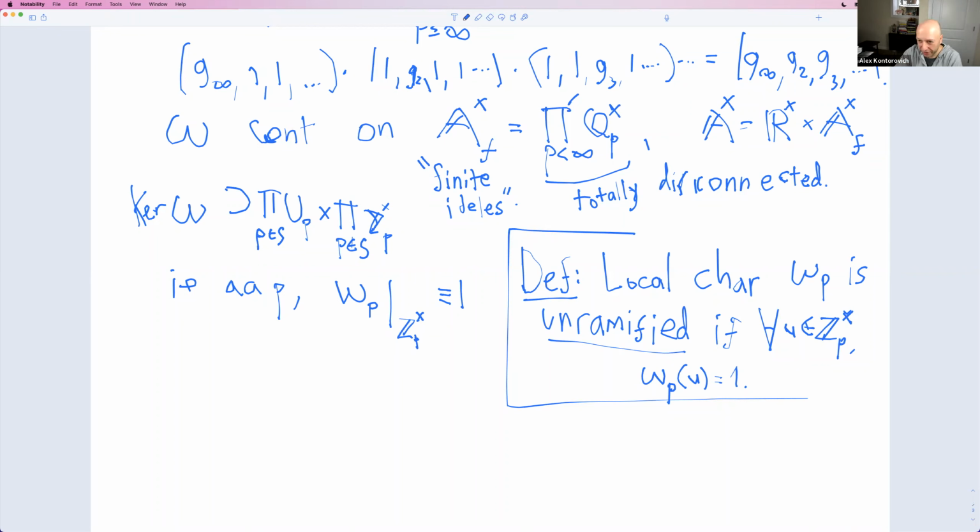So let's just look at this for a second. We have a local character. It's unramified. What does that mean? Some of these characters will be ramified; there's no reason to be everywhere unramified. What does it mean to be ramified?